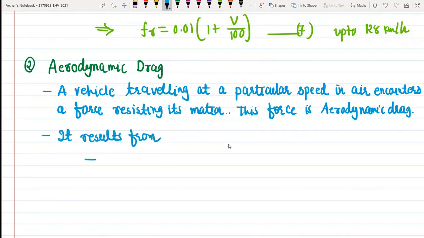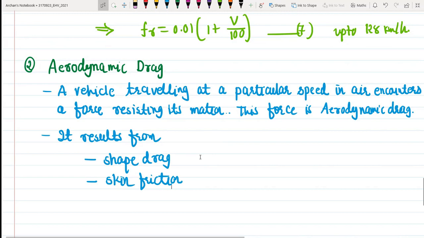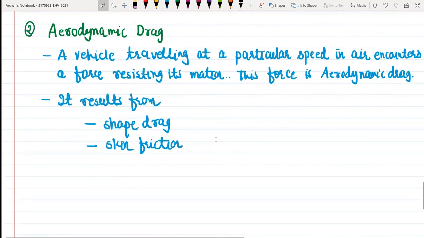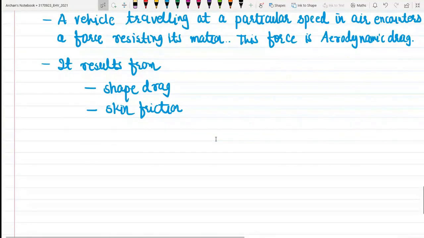We have seen the different shapes of vehicles, right? So each and every vehicle will experience a different aerodynamic drag based on its shape as well as the friction which is offered by the skin.